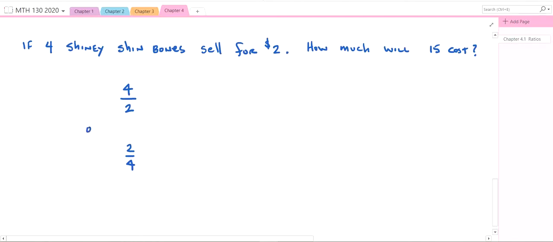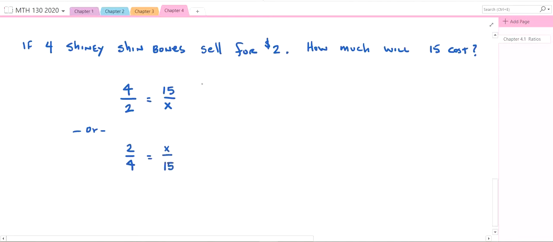I'll do it both ways to show. 4 costs 2, which means 15 cost X. Or, since I did it the opposite way down here, I would have to reverse this. This means X for 15.